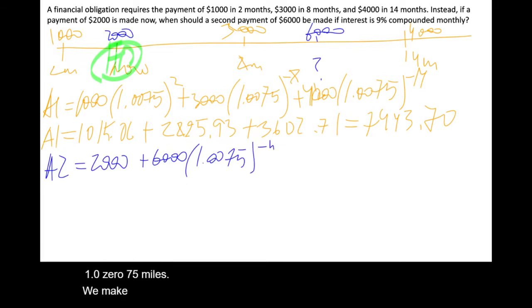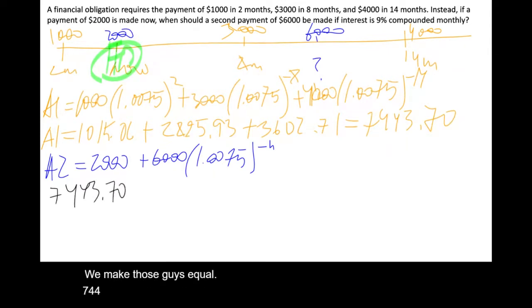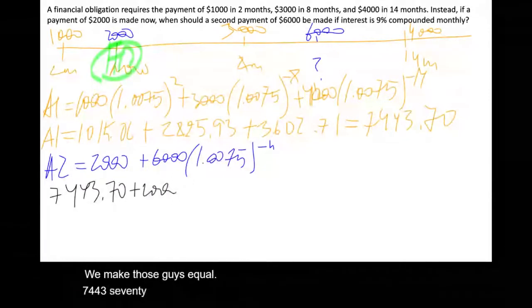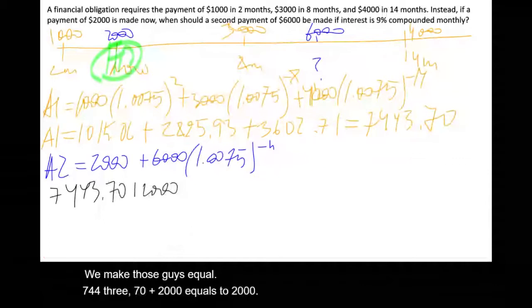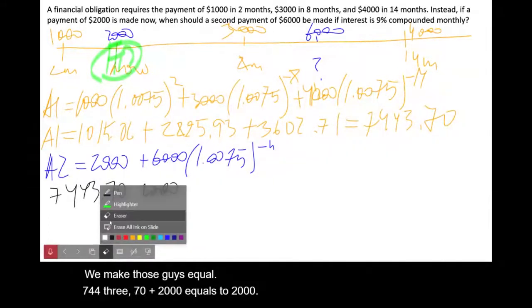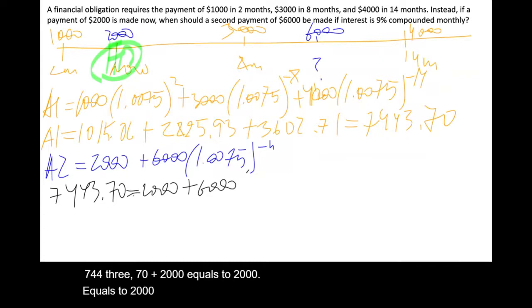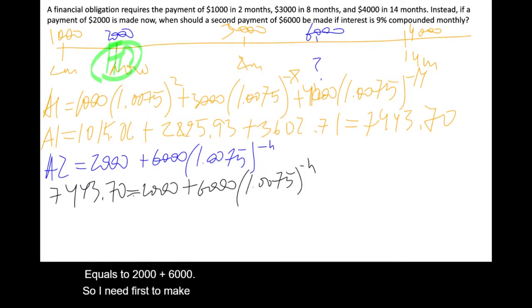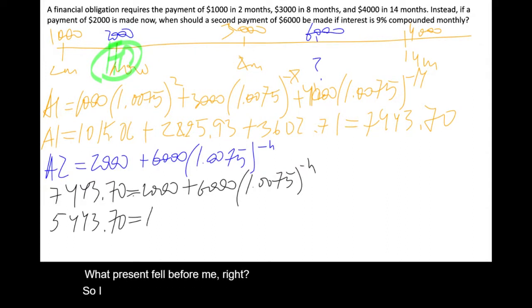Now we make those guys equal. 7443.70 equals 2,000 plus 6,000 times that. So I need first to make it look like the present value formula, right? So I take over $2,000, subtract, right?